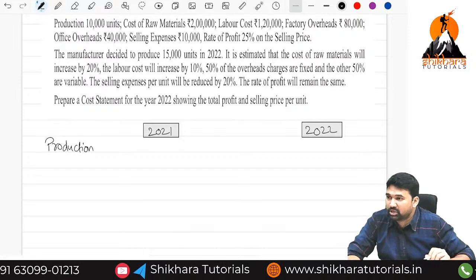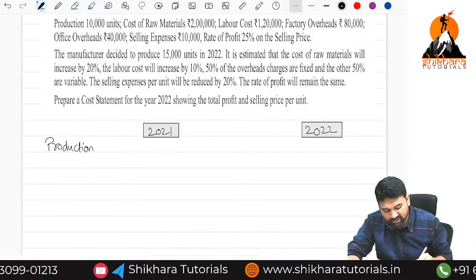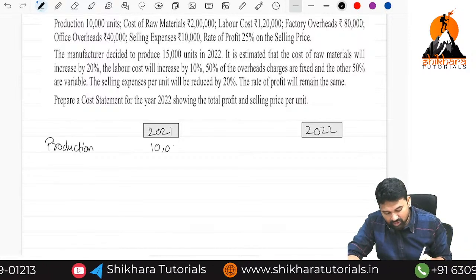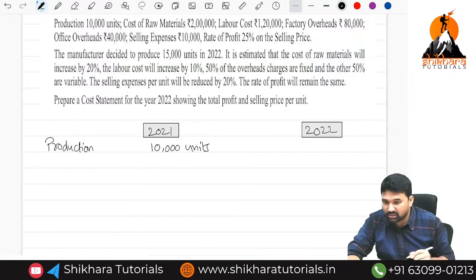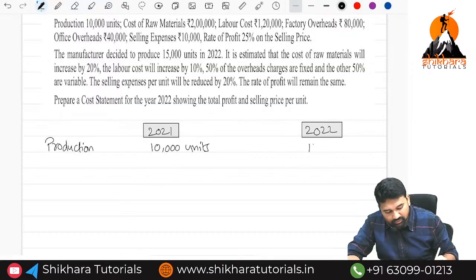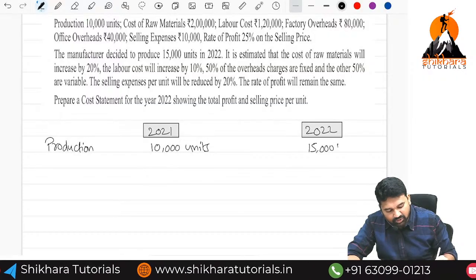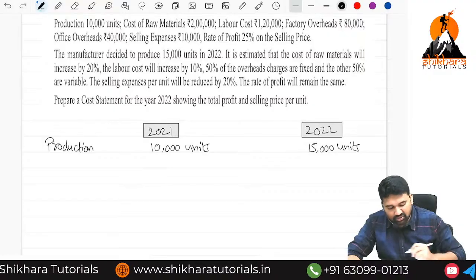Tell me, production in 2021, how many units? Everybody should participate. 10,000 units. Production in 2022 is planning to produce 15,000 units.